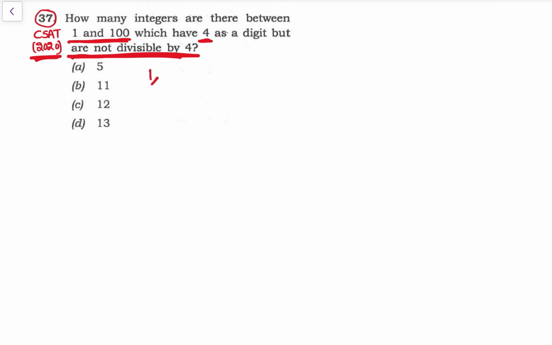Say 1 to 100. See, 1, 2, 3, 4, 5, 6, 7 and so on till 100, how many integers have 4? See, where is 4? 4 has it. Then 14 has 4.